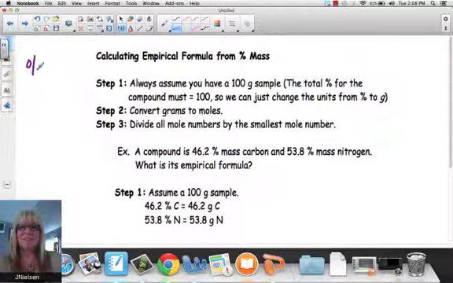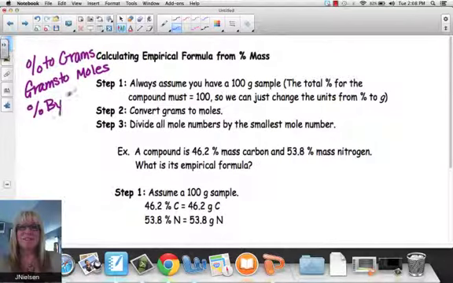So, percent to grams, grams to moles, divide by small, times till whole. So that's a little saying that helps you remember the steps. Percent to grams, grams to mole, divide by small, times till whole.